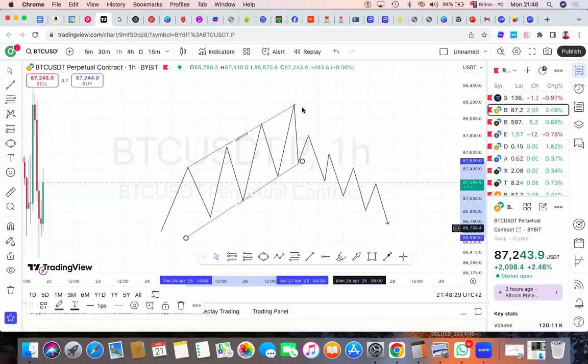Okay, someone said resistance and support. So which is the resistance, Mr. Ernest? Which is the resistance and which is the support? Okay, the up one is resistance. Someone else said the up one is resistance. And someone said the down one is support.